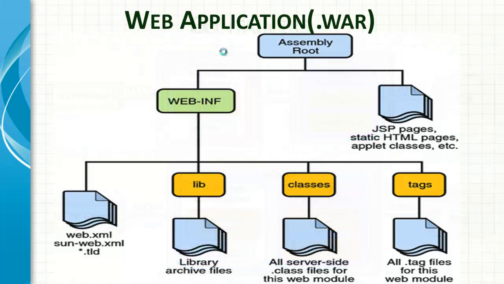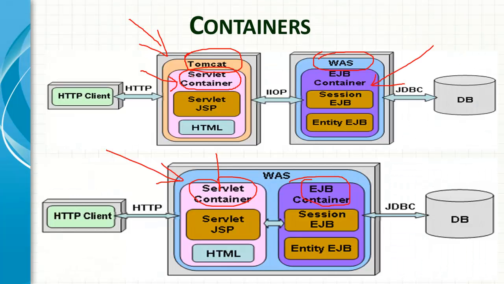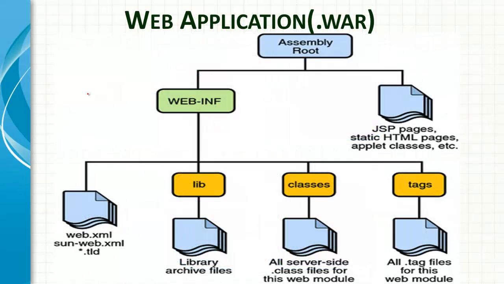So let's see what this container needs. The servlet container is always a running program, and it says that if you want me to execute your web applications, you need to provide me your application in this way. This is nothing but the container configuration, which is also called web.xml, the web deployment descriptor.